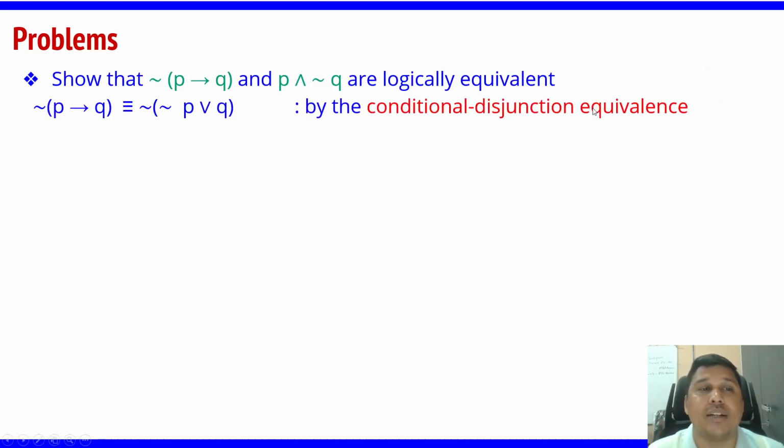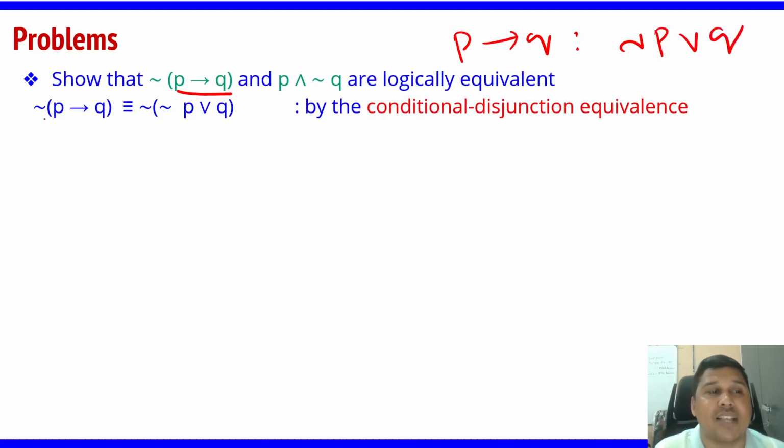So how do we do that? I know that P implies Q is nothing but, as we just saw, negation P or Q. So I wrote the same negation as it is, and instead of P implies Q, I wrote minus P or Q. Now apply De Morgan's law. What is De Morgan's law?